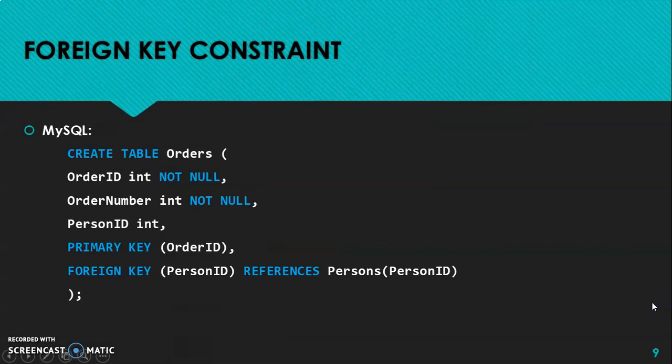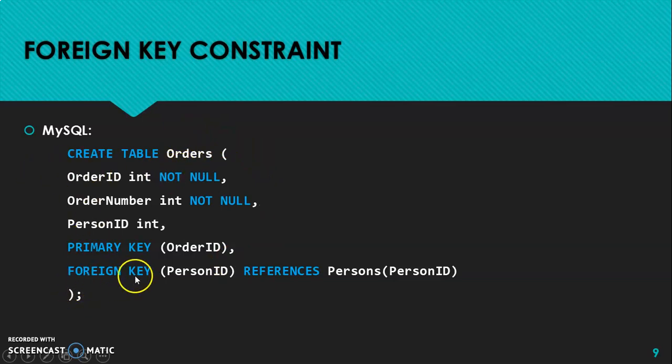So when you're using MySQL, this is how you create an orders table. Create table orders, order ID integer not null, order number integer not null, and person ID integer. Then we are specifying the primary key as order ID, because for the orders table to uniquely identify, order ID should be unique.